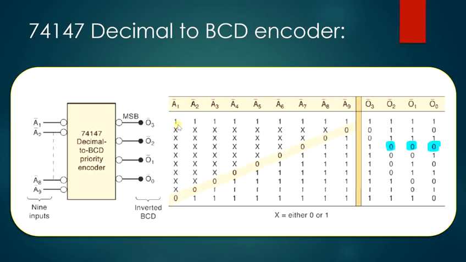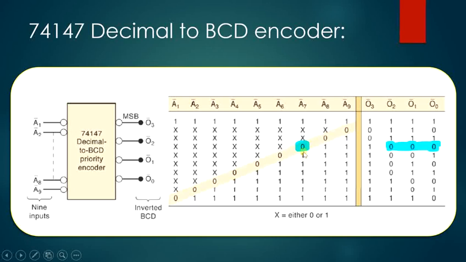With an example, let me explain. If you look at input 7, that is A7, when this particular input goes low, the outputs, that is O2, O1 and O0, are low.